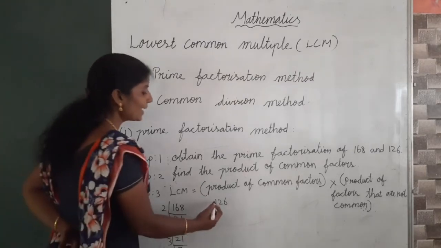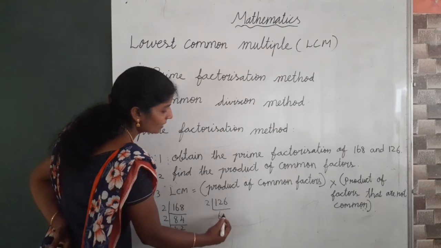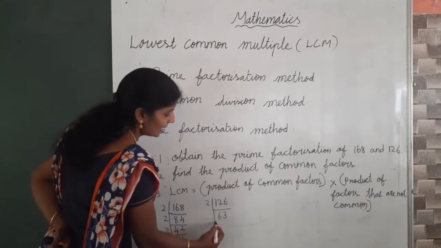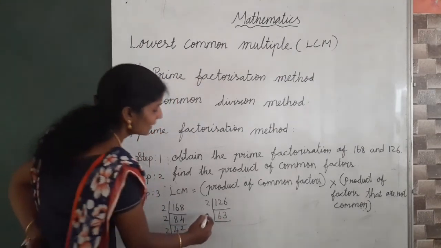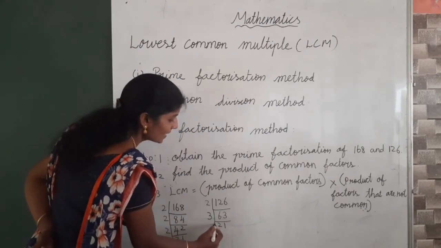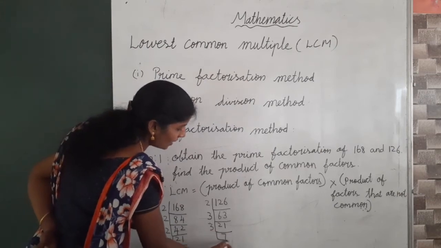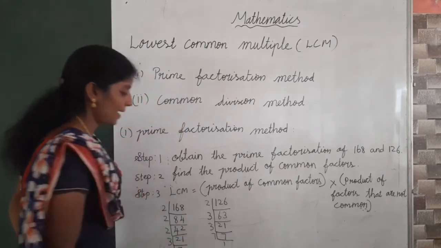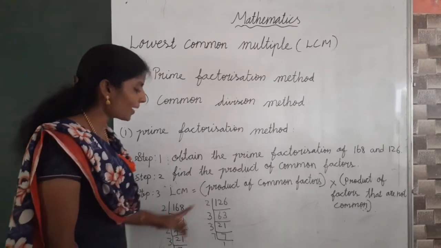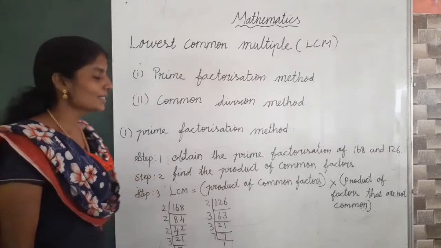Now 126. 2 table, 6 2s are 12. 3 2s are 6. Then 63, that is in 3 table, 2 3s are 6. 1 3 is 3. Then 3 table, 7 3s are 21. 7 table, 1 time. Now we get the prime factors of 168 and 126.